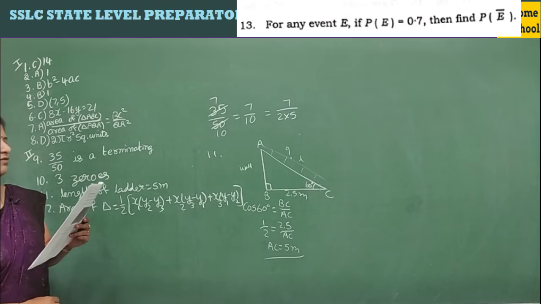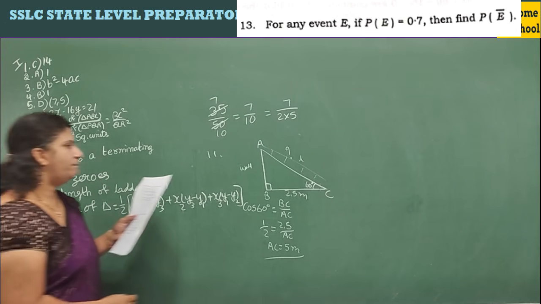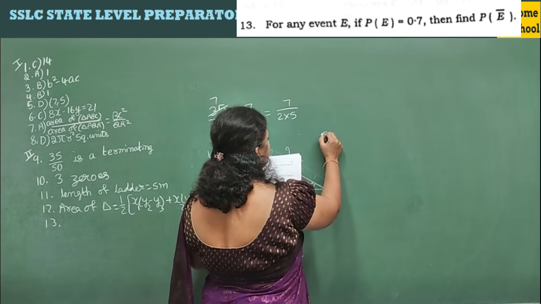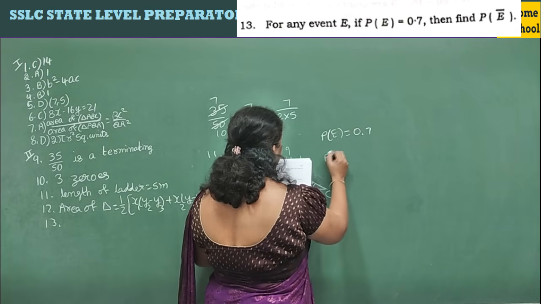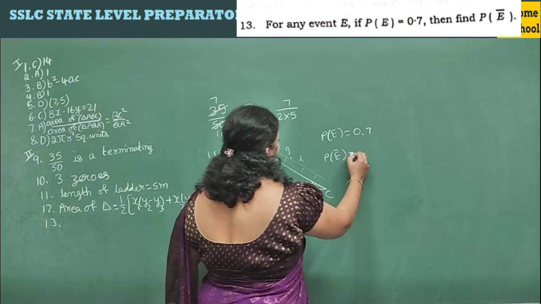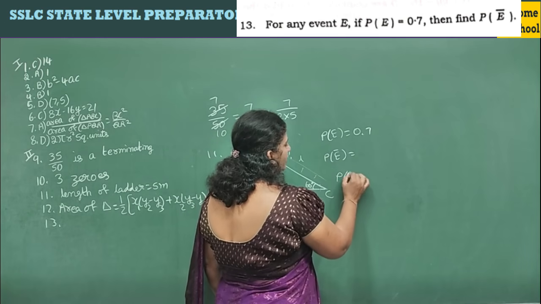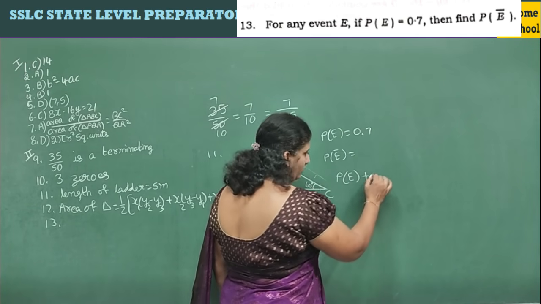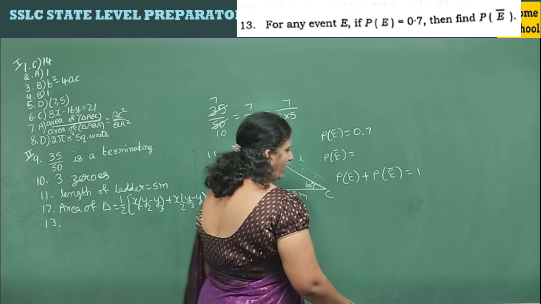13th question. For any event E, if P of E is equal to 0.7, then find P of E bar. We know that the probability of an event plus the probability of not an event is equal to 1.